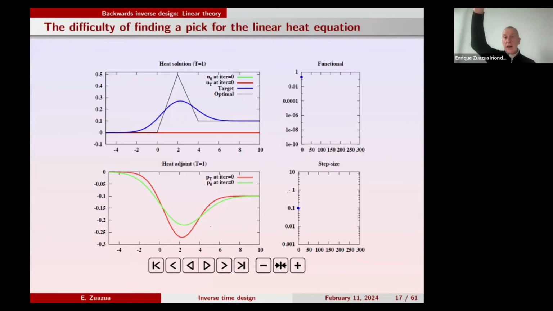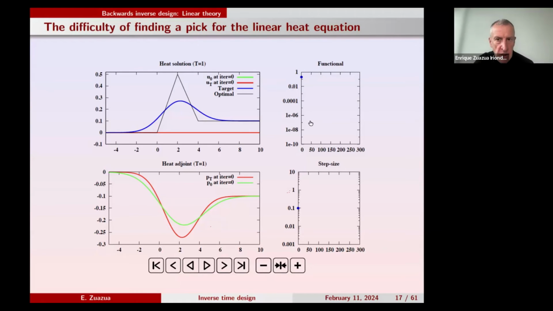Because you are minimizing a nice quadratic functional, you can apply some kind of steepest descent algorithm. You just compute the gradient of the functional. As you know, the gradient of the functional is related with the adjoint. The evolution of the adjoint will be seen here, but this is not that relevant.